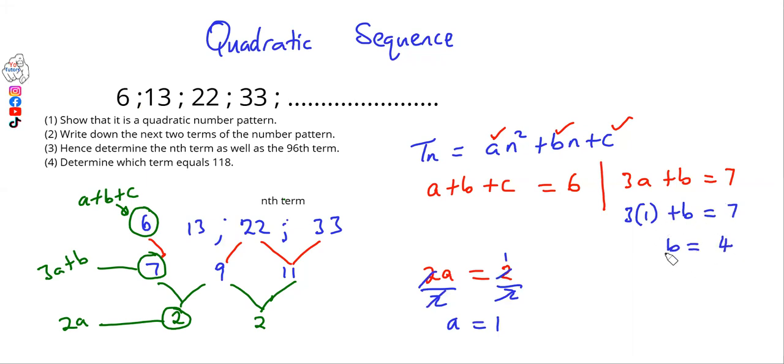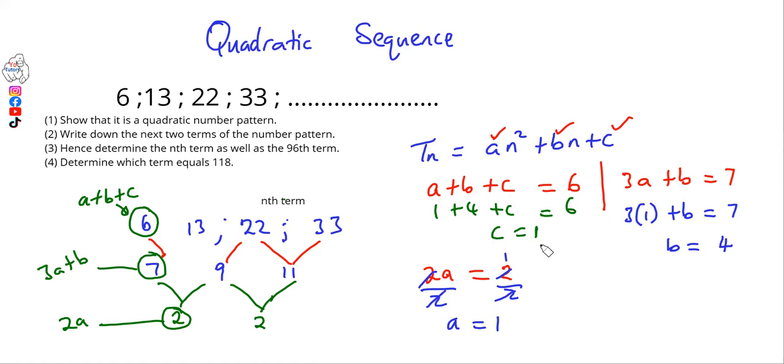Now, when we have B, we're looking for C. So we go back to the first equation. We're going to say A, which is 1, plus 4 plus C is equal to 6. Then C here is equal to 6 minus 5, which is going to give us 1.